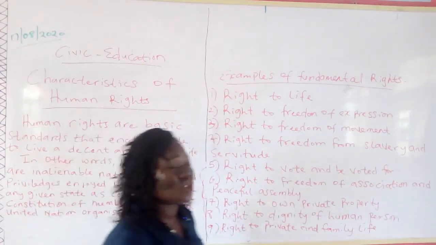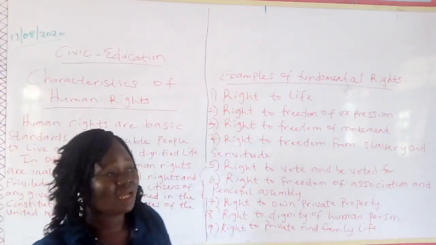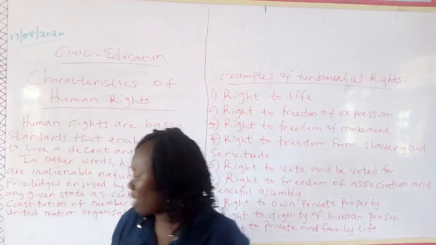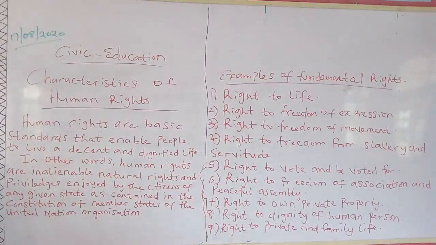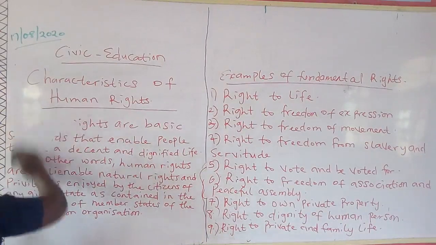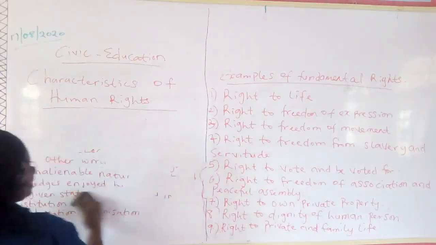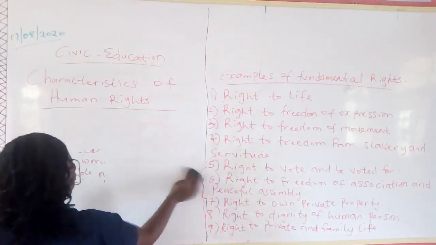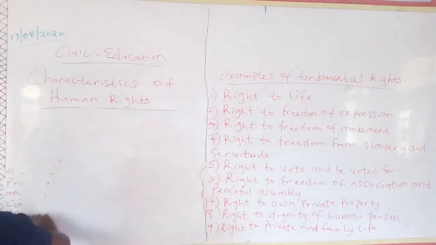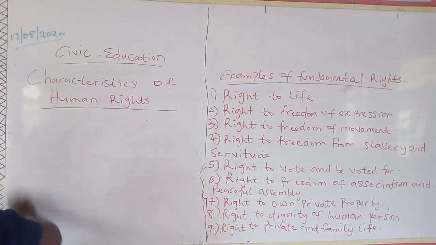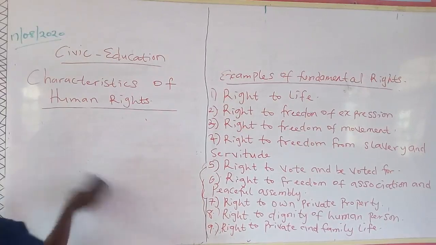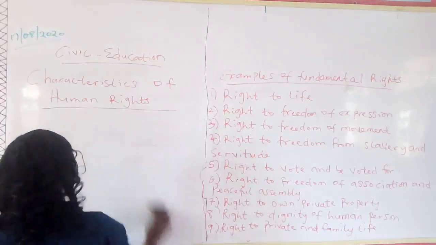Okay, so quickly we want to look at some of the characteristics of fundamental human rights that we have. Just like I've told us that fundamental human rights or rights are the privileges that we enjoy as citizens or as human beings.